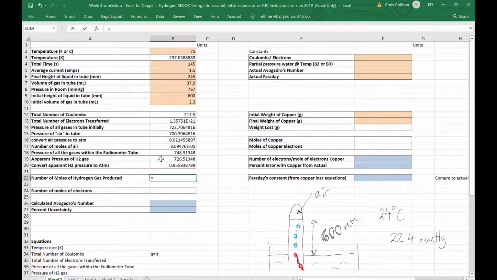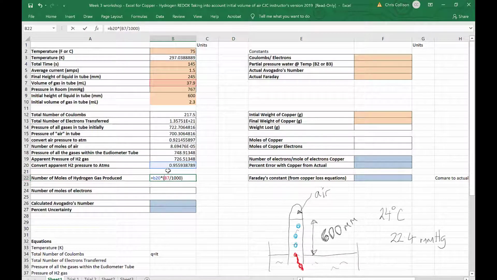And that comes down to the pressure that we've measured, and that's in cell B20. And we're going to multiply that by the volume of the gas in the tube, and that's the final volume of the gas in the tube. So that's 37.9 divided by 1000, because we need to convert this into liters. So that's our pressure times volume.